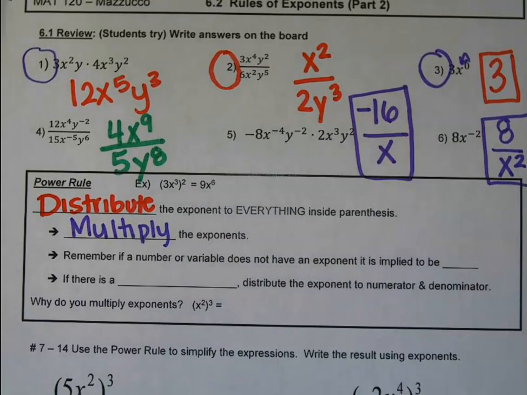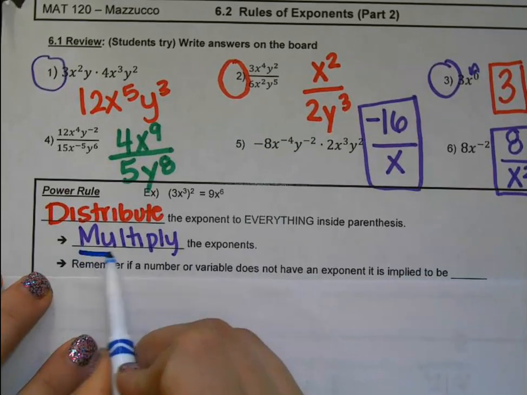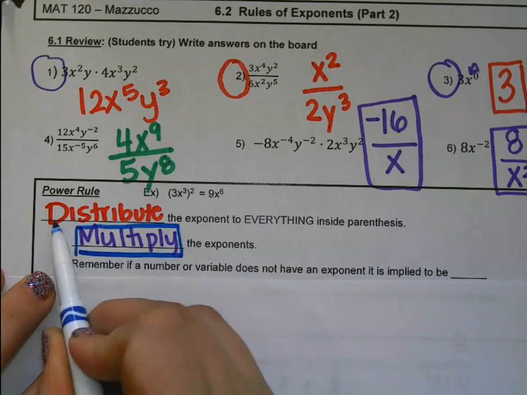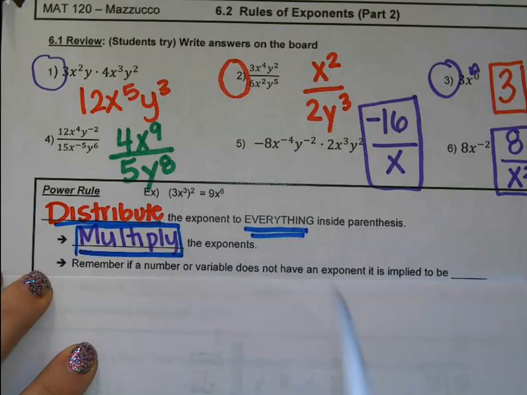Before we just write down the rule, let's make sure we understand why this rule works, why we should multiply and distribute the exponent to everything inside the parentheses.